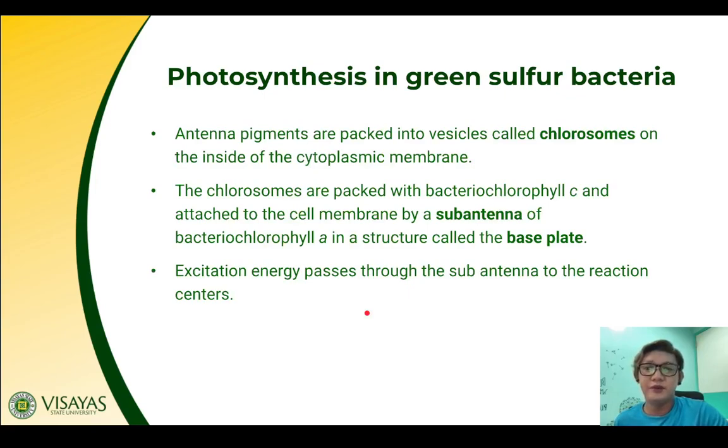So in green sulfur bacteria, the antenna pigments are packed into vesicles called chlorosomes on the inside of the cytoplasmic membrane. The chlorosomes are packed with bacterial chlorophyll C and are attached to the cell membrane by a sub-antenna of bacterial chlorophyll A in a structure called the base plate. Excitation energy passes through the sub-antenna to the reaction center.